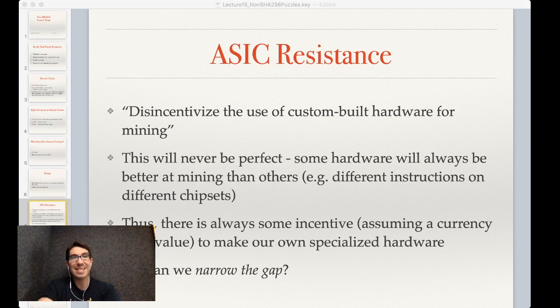Here we're going to disincentivize the use of custom-built hardware, which means that in essence, ordinary users with ordinary computers, or perhaps those with GPU setups as opposed to more specialized ASICs, will be able to mine on more or less an equal footing with those who own specialized hardware. Now, this can never be perfect.